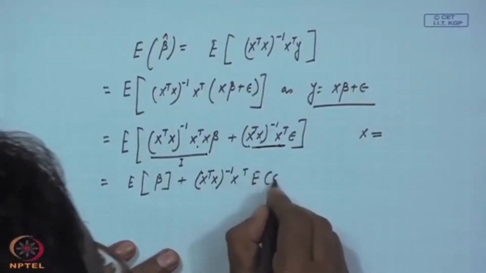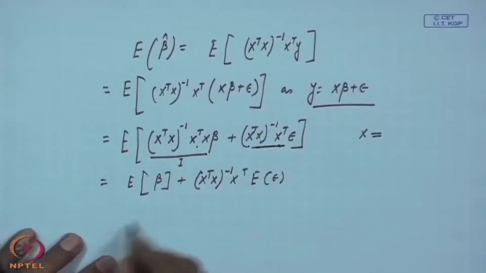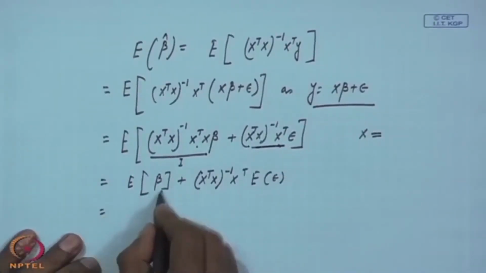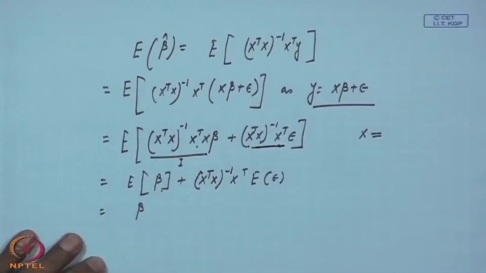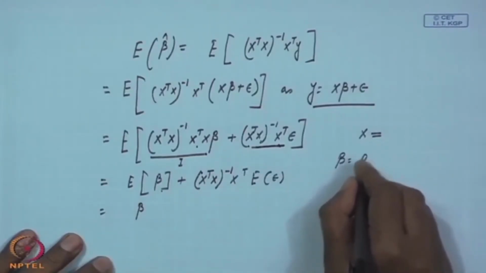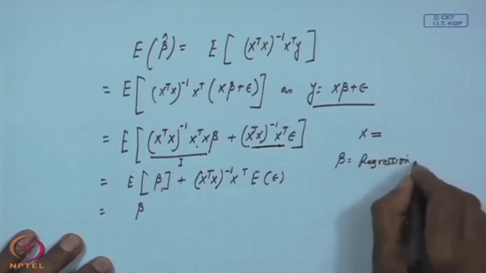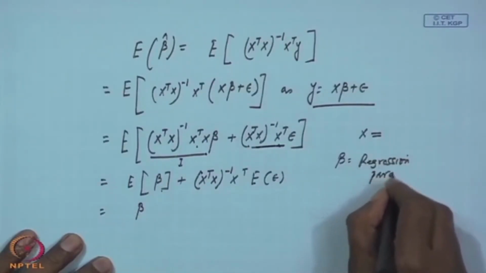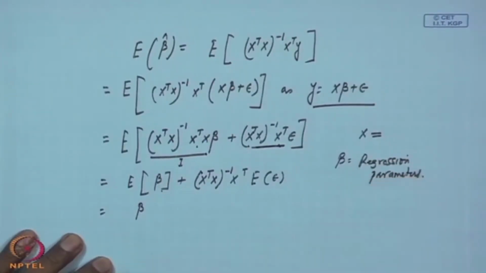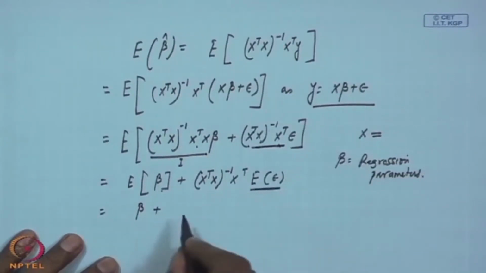Now the expected value of beta is beta, because beta holds the regression parameters or coefficients from the population point of view, which are constant, plus the expected value of error is 0, that is our assumption.